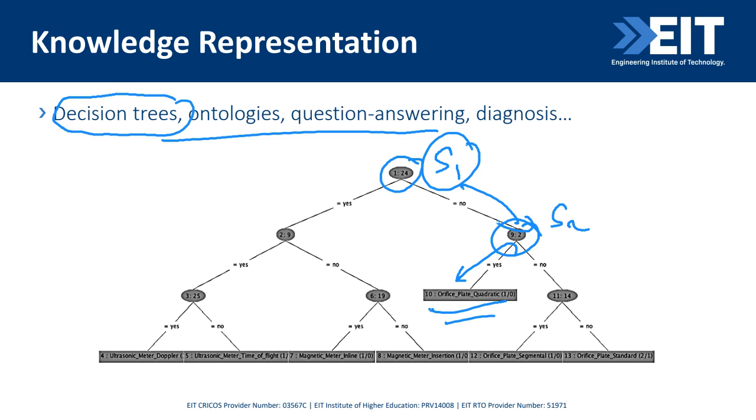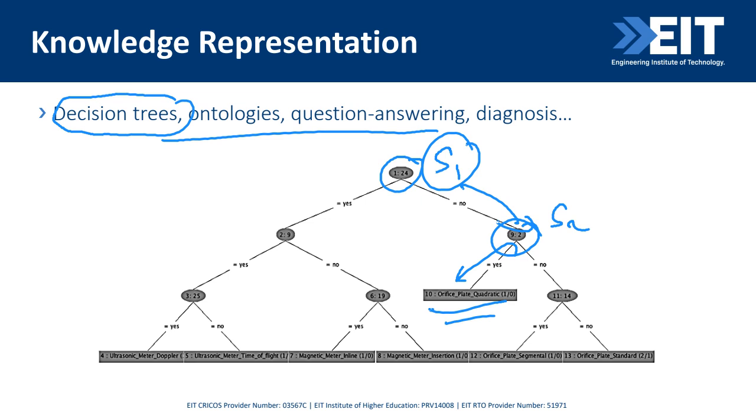But we create those decision trees usually by hand. So we ask questions based on experience. So with experience, we start asking these questions to decide. Just think about when someone goes to a medical doctor and they start asking them, what do you feel? What kind of symptoms did you have? Now, depending on the response, the next question will be different until they will give you a diagnostic.